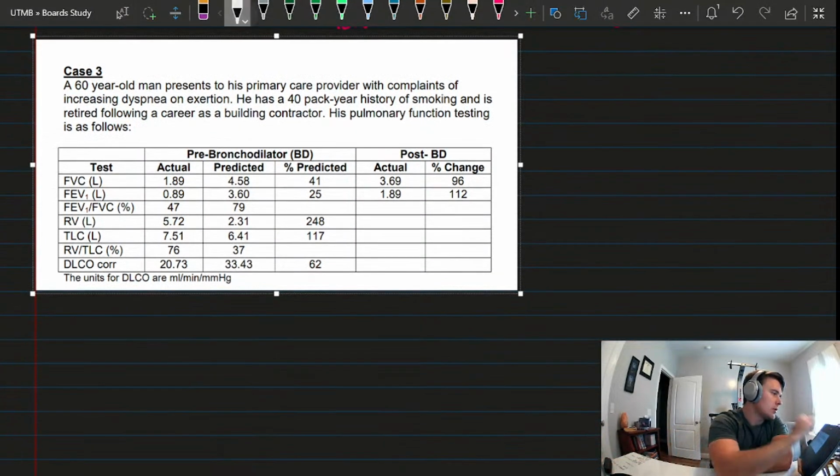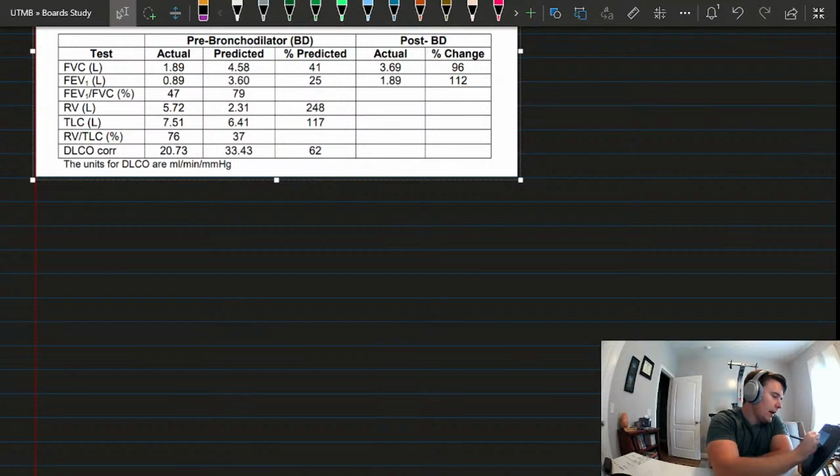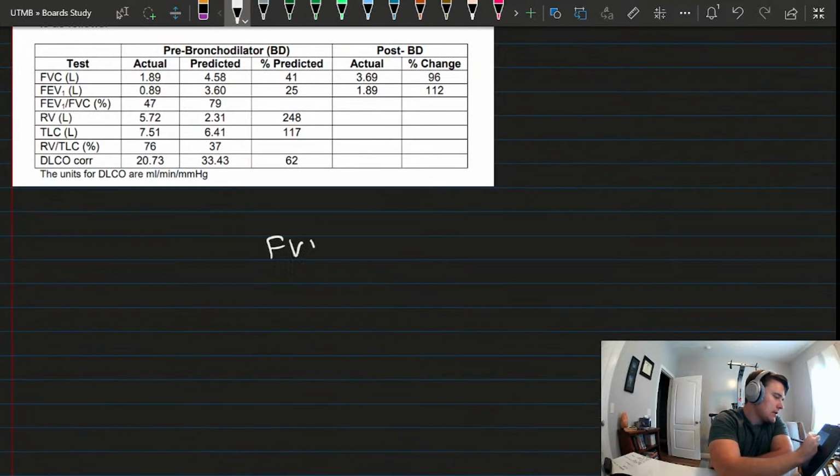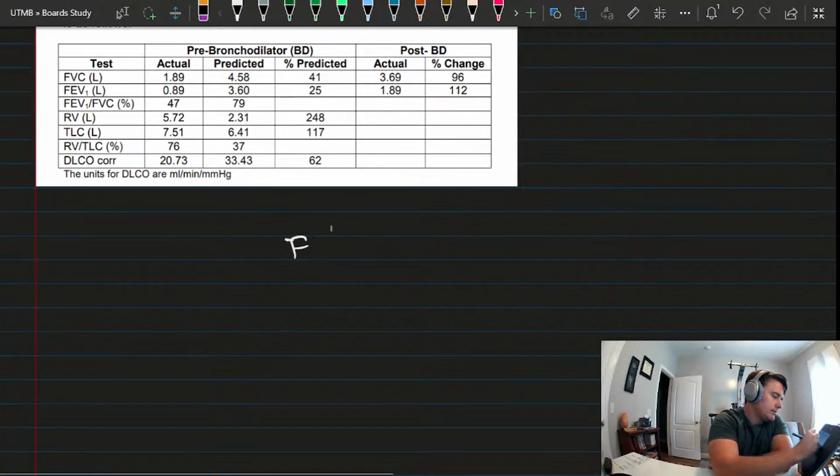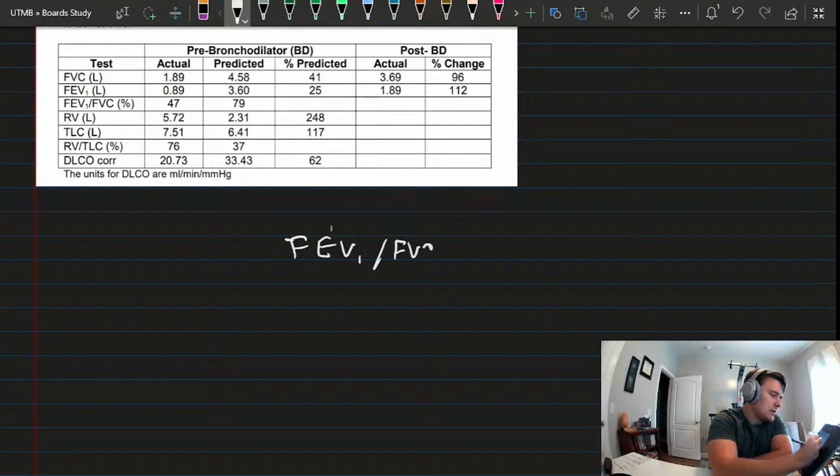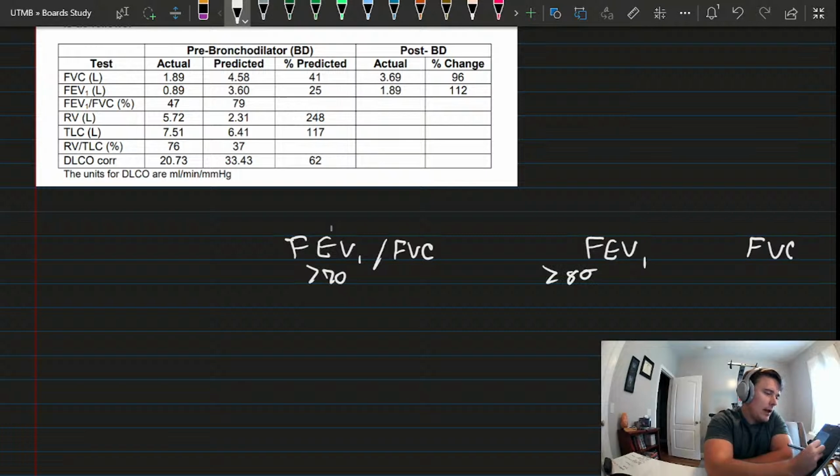So let's write our numbers. So let's rewrite everything. So we've got FEV1 over FVC, FEV1, FVC. So normal is greater than 70, greater than 80, greater than 80.